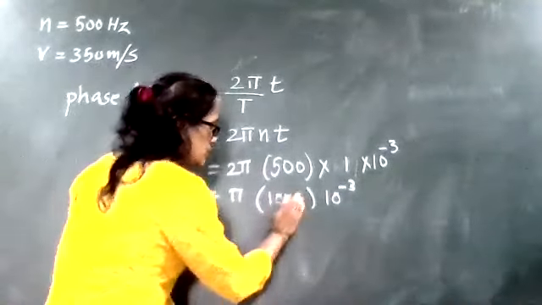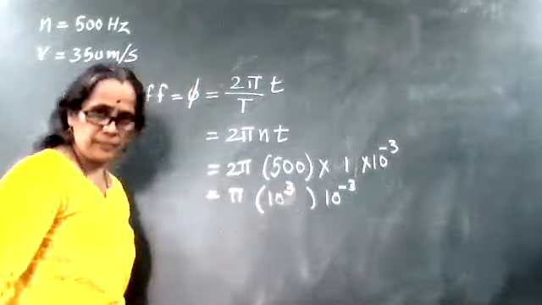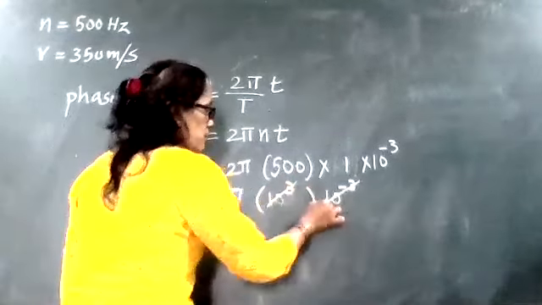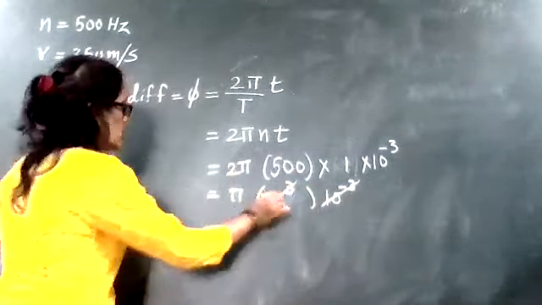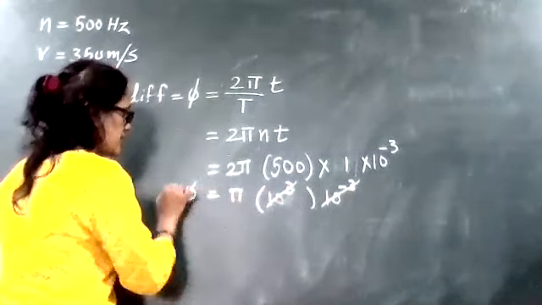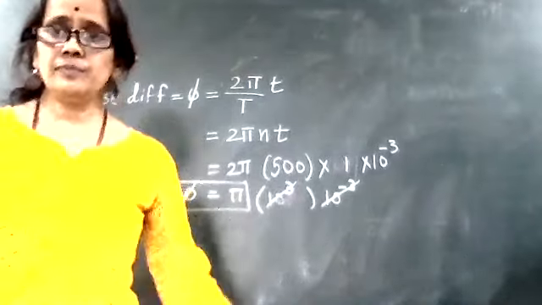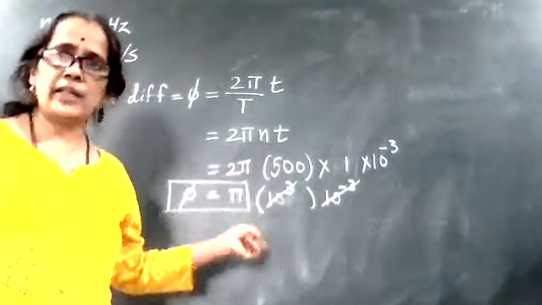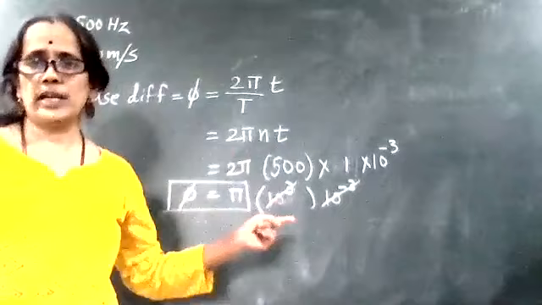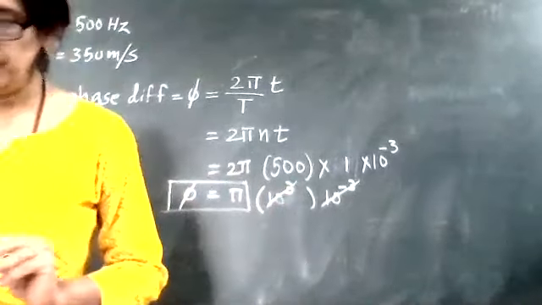Now this 1000 I can write as 10 raised to 3, and 10 raised to 3 and 10 raised to minus 3 will get cancelled. So what is remaining? Your phase difference answer will be nothing but pi. Clear? Such types of questions will be there in your very short answer or MCQ questions.